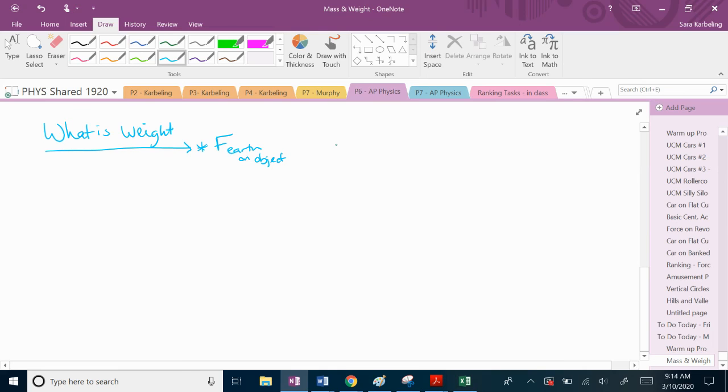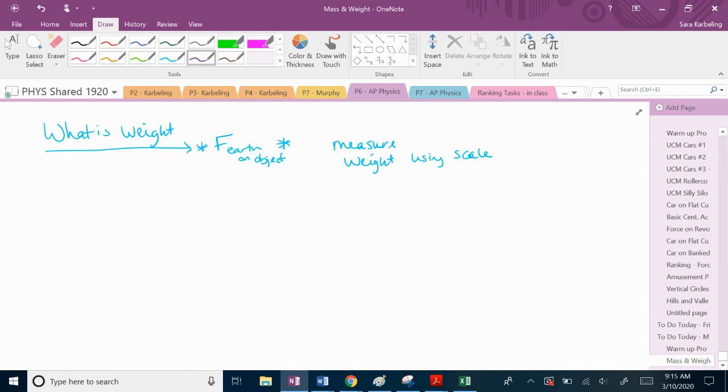How do you measure weight? You measure weight using a scale. It can be a spring scale, right, that uses Hooke's law, or it can be a scale that uses electrical conductivity to measure it. But really what we're doing is we're measuring the force of the earth on the object itself.